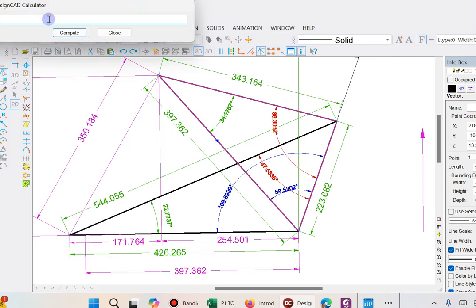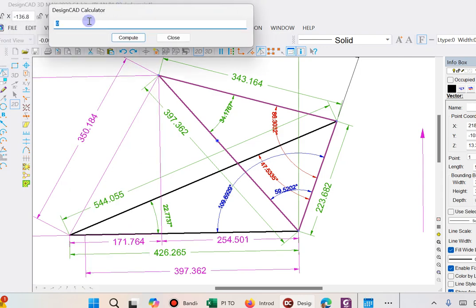The formula is different in Excel, but it'd be 223.682 divided by the sine of 34.17, close parenthesis, enter.